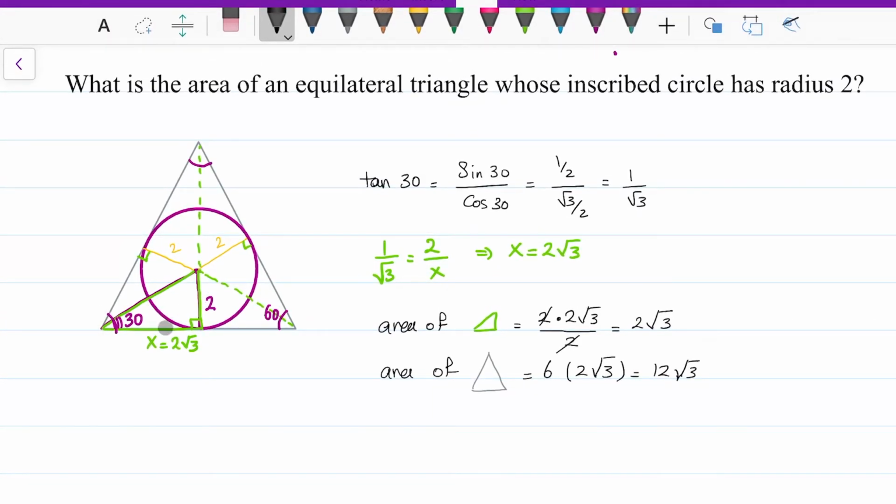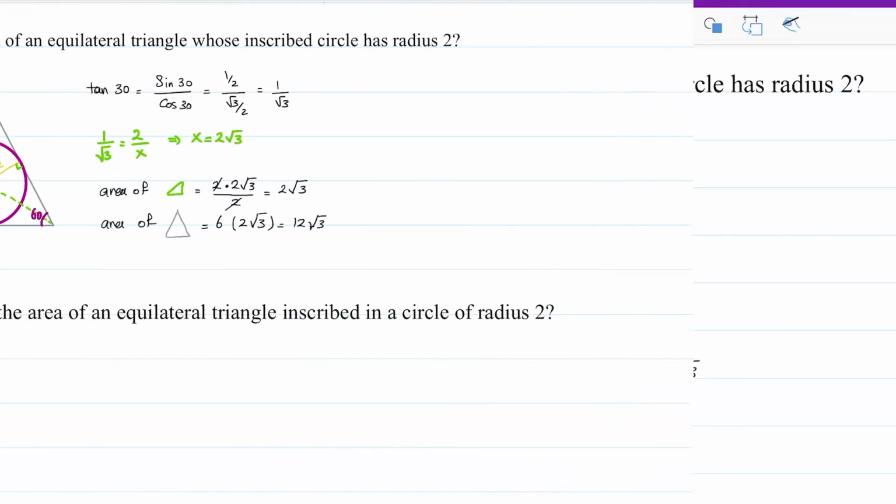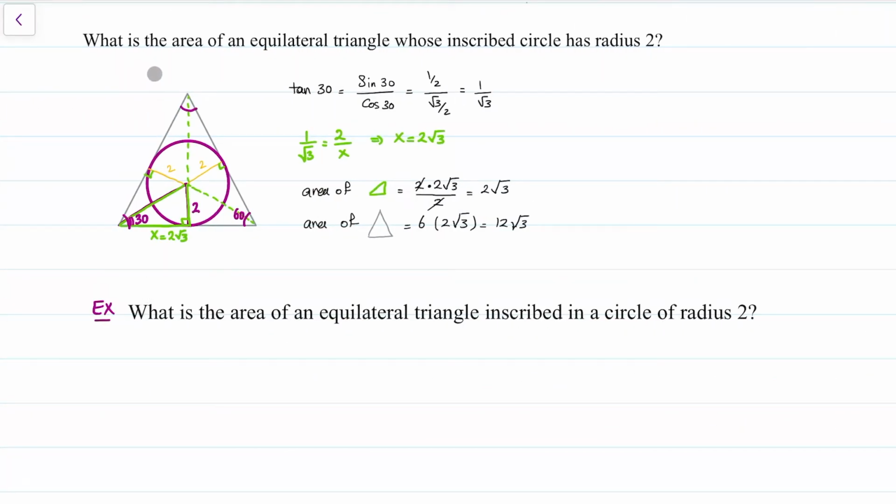So that was a trick to solve this problem. I would like to solve one example similar to the question that we solved previously. The example is this. What is the area of an equilateral triangle inscribed in a circle of radius 2? So what do I have here?